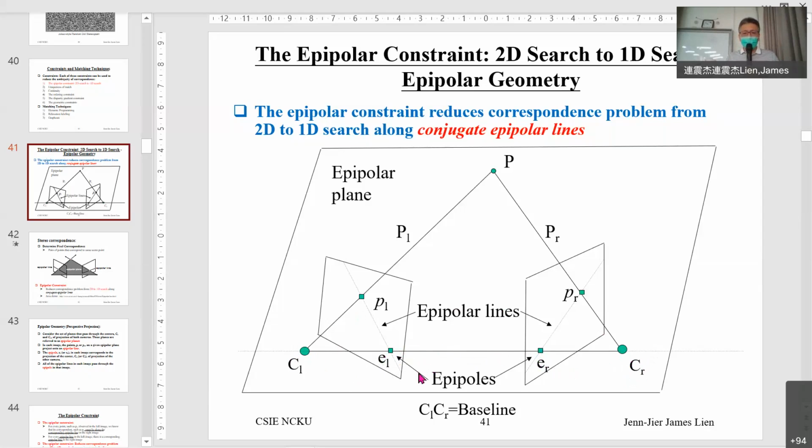The important thing is the epipolar line. What's the epipolar line?